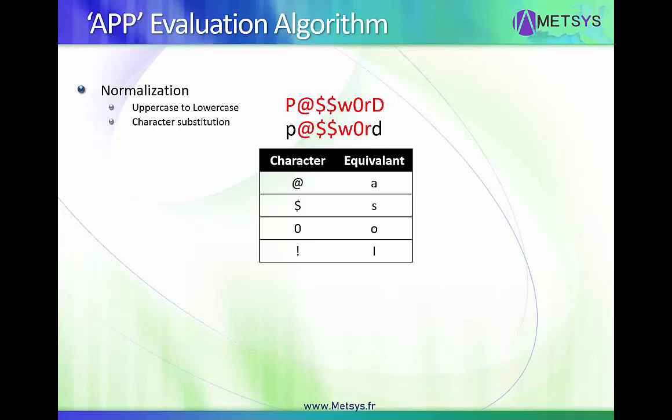So the result after the uppercase to lowercase change will run through this table, and after that, the characters are changed. As you can see, @ is changed to A, $ is changed to S, and so on. This is a normalized password.